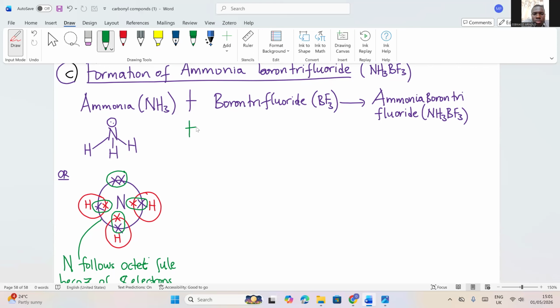This is ionic bonding, which we have also seen at school. So boron trifluoride is B, maybe I change this color, B with F, like that.